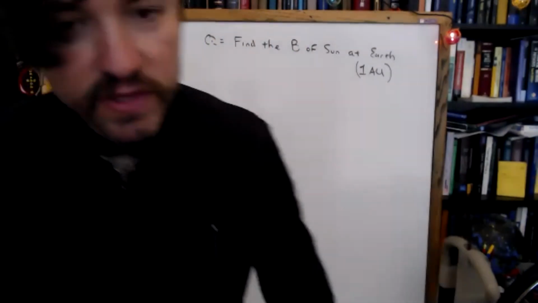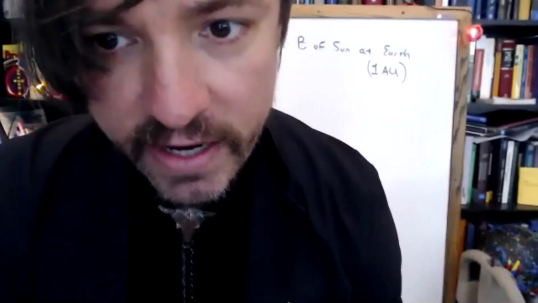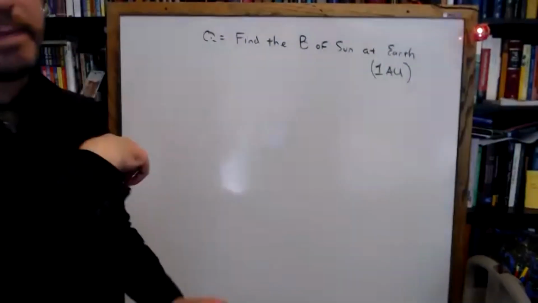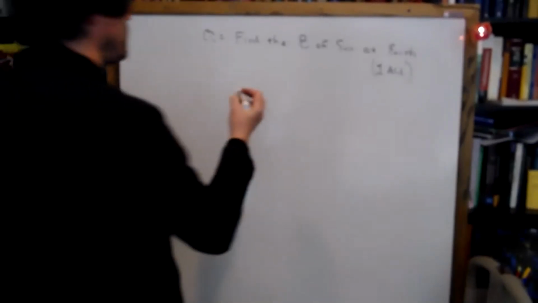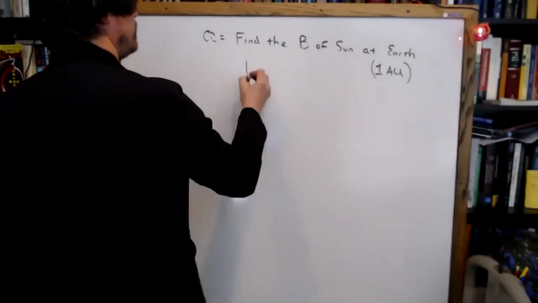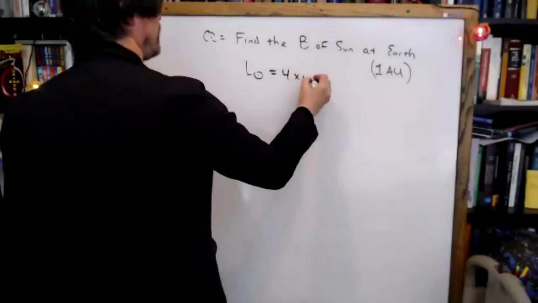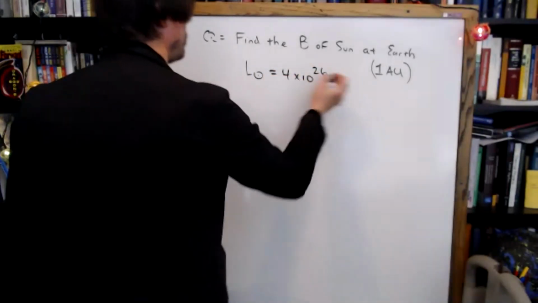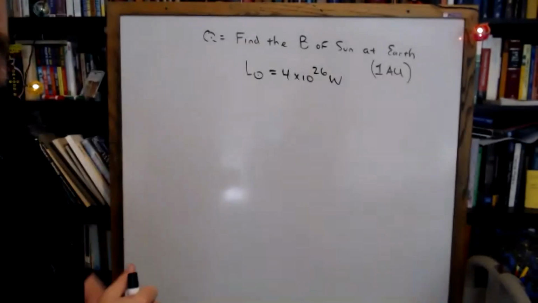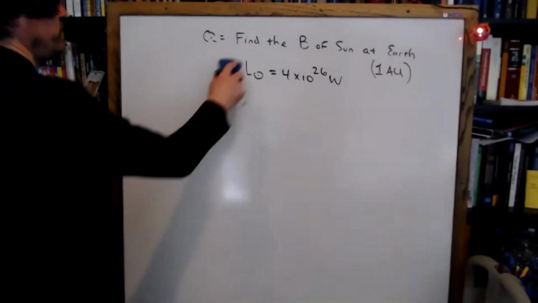So class, we're going to use the inverse square law to solve this problem. We're going to need to know that the sun is 1 astronomical unit away, and the luminosity of the sun is 4 times 10 to the 26 watts. Which version of the formula do you think is the best to use here?